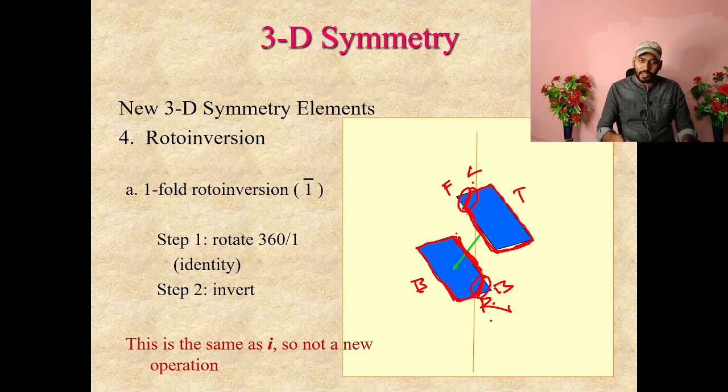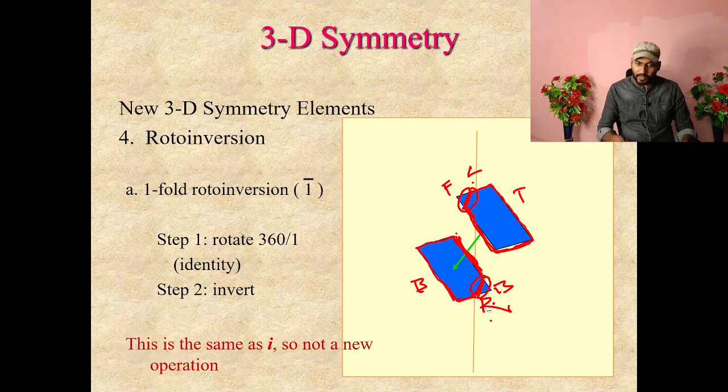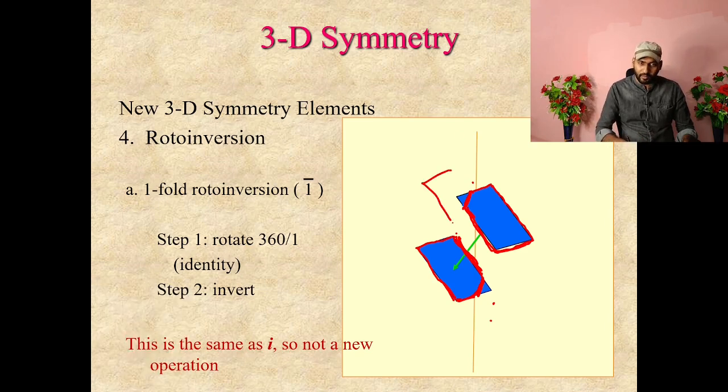So now if you compare these two faces, they are not mirror images, right? They are not looking like mirror images. Can you place a mirror here in between? No, this is wrong. Okay, so roto-inversion symmetry or inversion symmetry is not equal to a mirror plane.